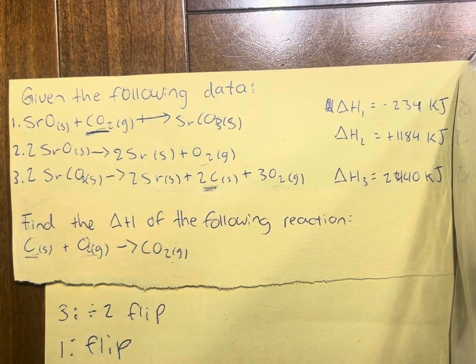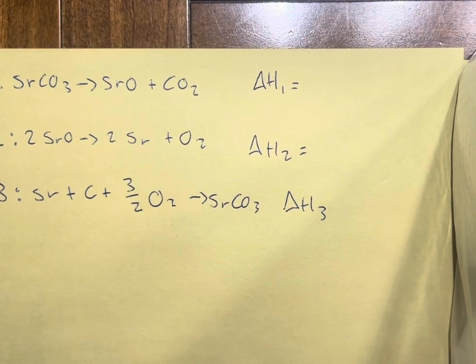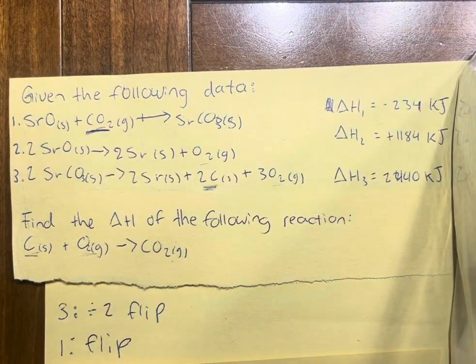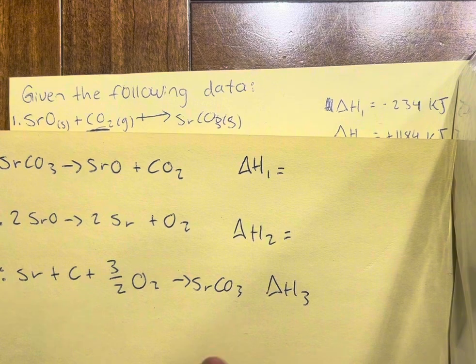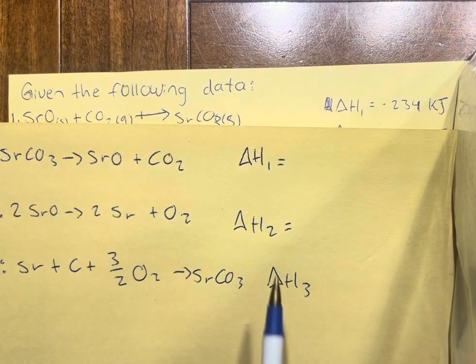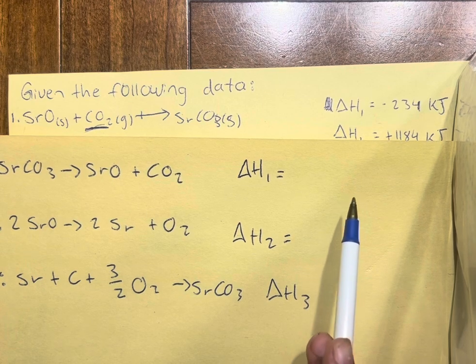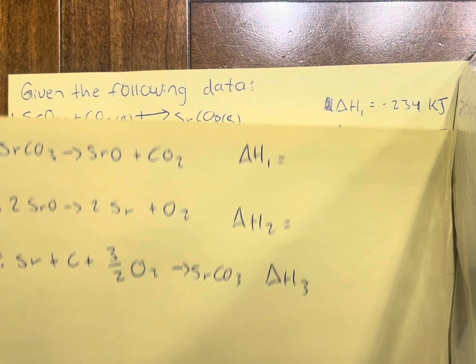Okay, so I wrote out our equations with the changes. Number 1 is flipped, and number 3 is divided by 2 and flipped. Okay, so let's do the same thing to our delta H's. Our original one was negative 234, and we're going to have to negate that, or switch it.